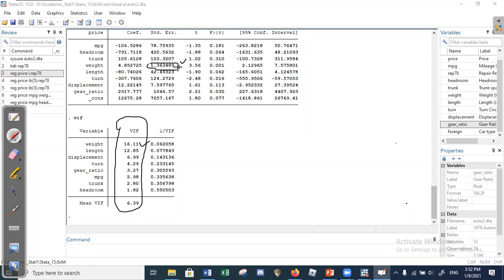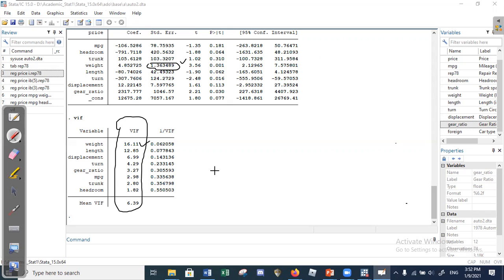This would be the variance of the OLS estimator corresponding to weight. This number 16.11 is saying that the square of that number is actually 16.11 times more than the actual, right?